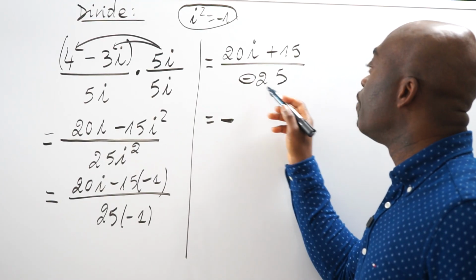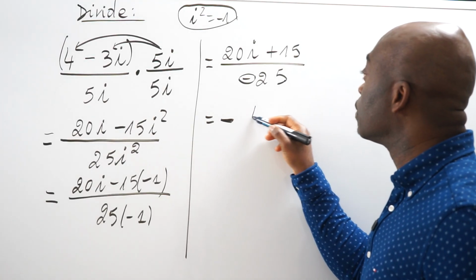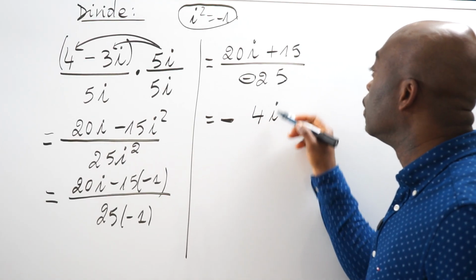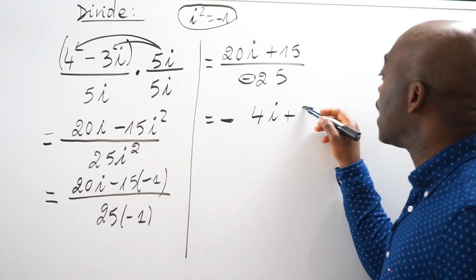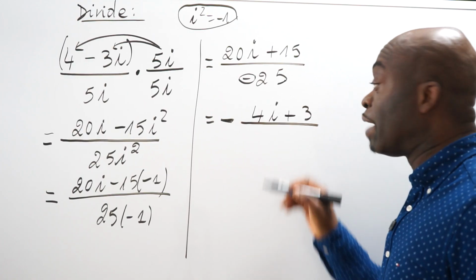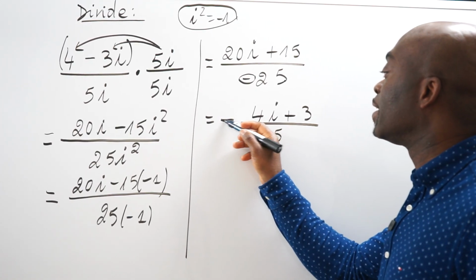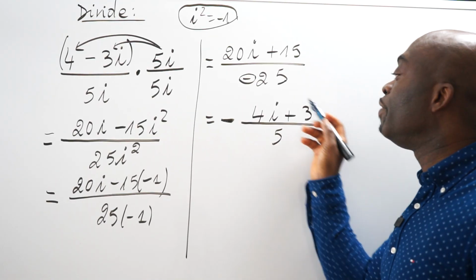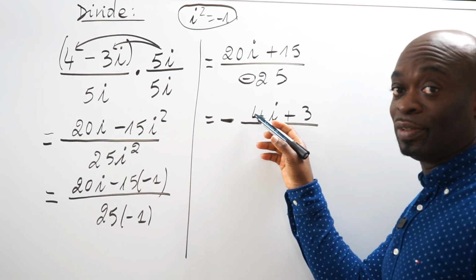And then we say 5 goes into 20 how many times? 4 times. So it's 4i. 5 goes into 15 how many times? 3 times. Over 5 goes into 25 how many times? 5 times. So the negative sign stands right before the whole fraction. It's not just for the 4.